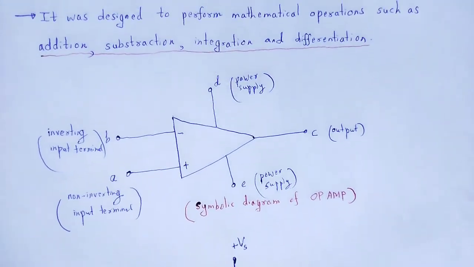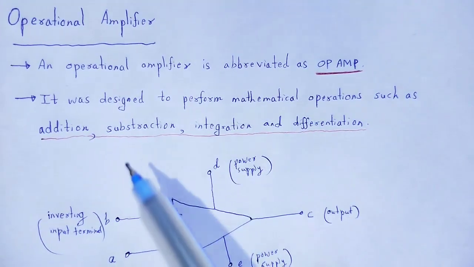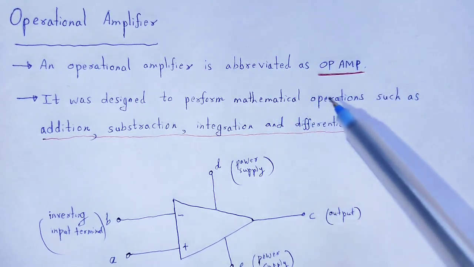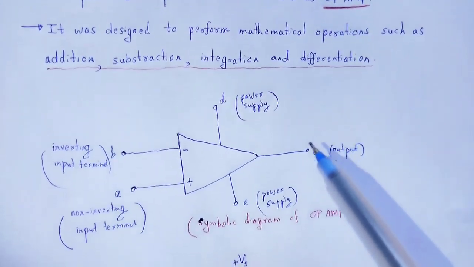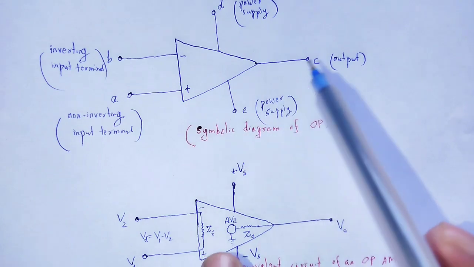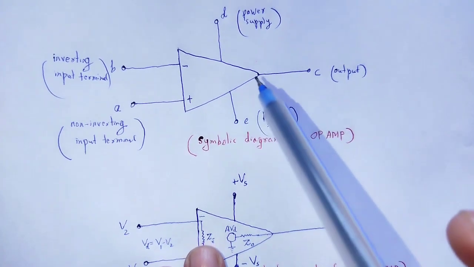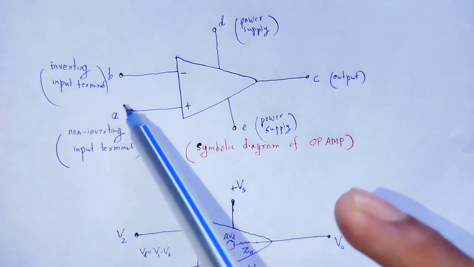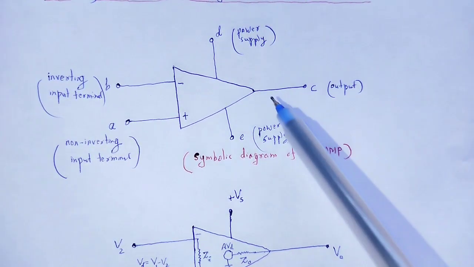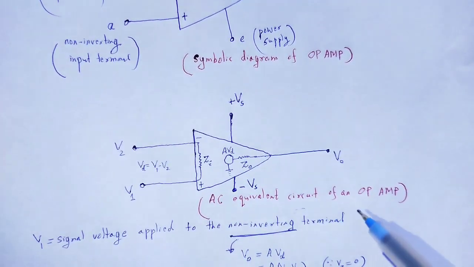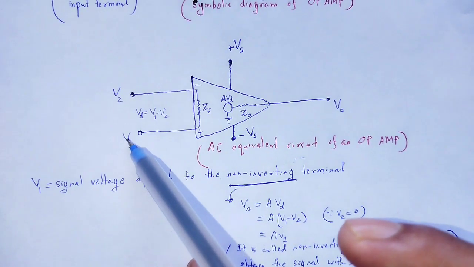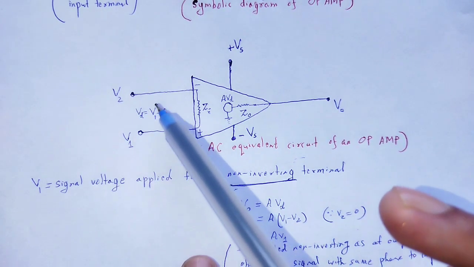So, with the help of this video lecture we understood an introduction to the operational amplifier, op-amp. What is an operational amplifier? Its symbolic diagram, as it is a 5 terminal construction, 2 terminals as input, 1 output, 2 terminals related to power supply. Its AC equivalent circuit, potentials V1 and V2, and their potential difference.